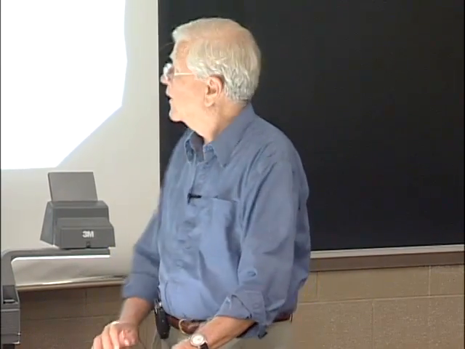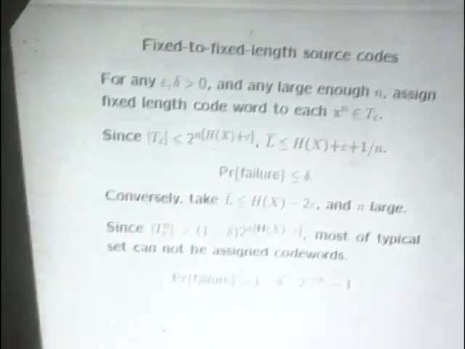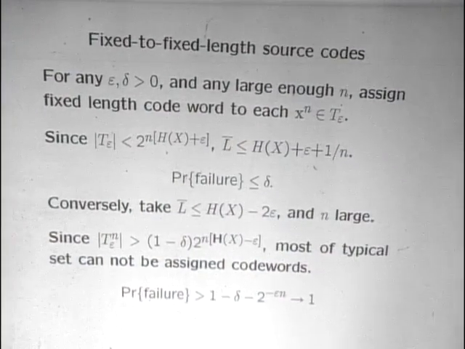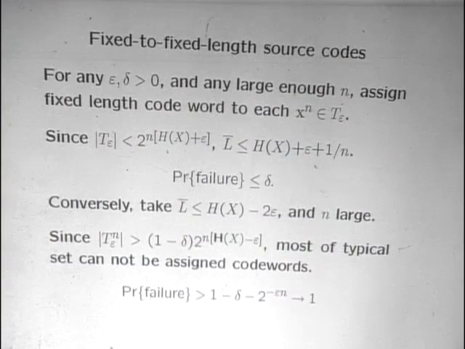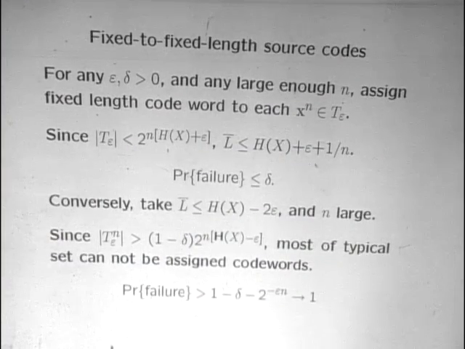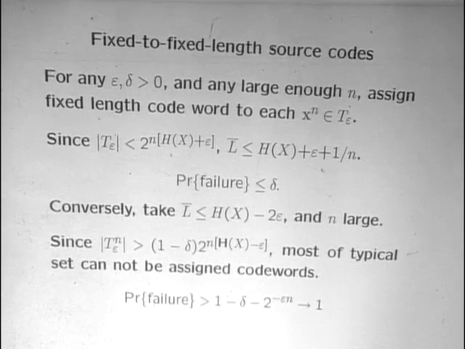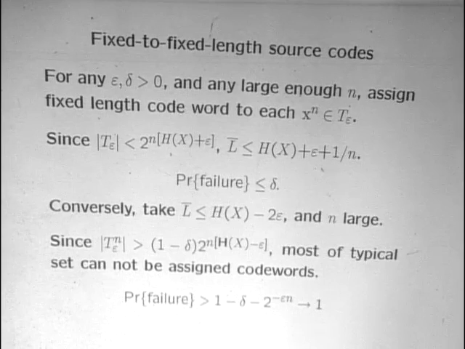Okay, and that's what I'm trying to get at in the next slide. So with a fixed-to-fixed length source code, I'm going to pick some epsilon and some delta, namely that epsilon and delta which appeared in the law of large numbers. And I'm going to make n as big as I have to make it for that epsilon and that delta. And you can calculate how large it has to be, but we won't.